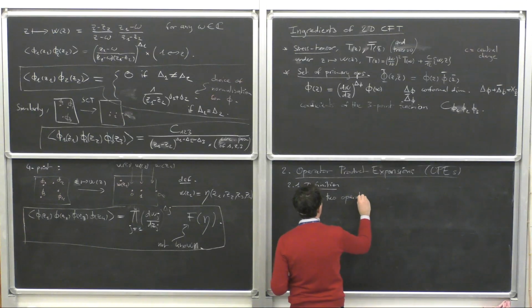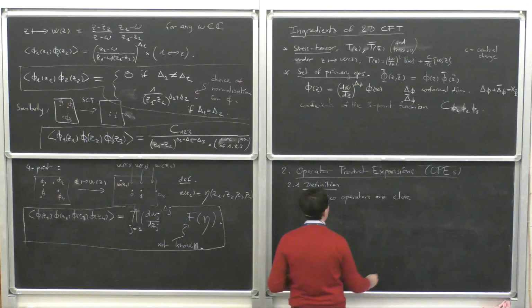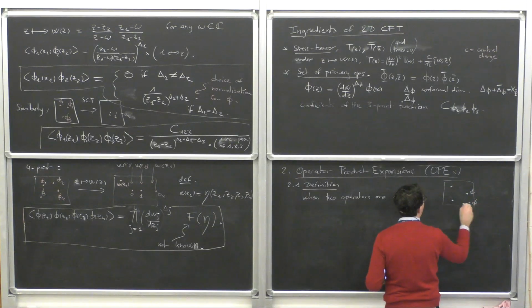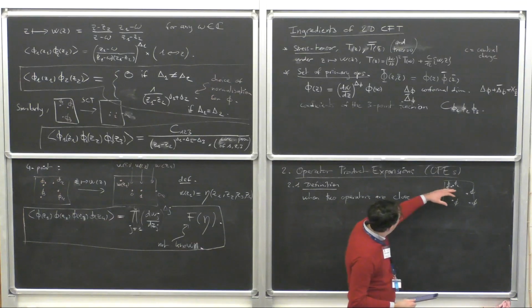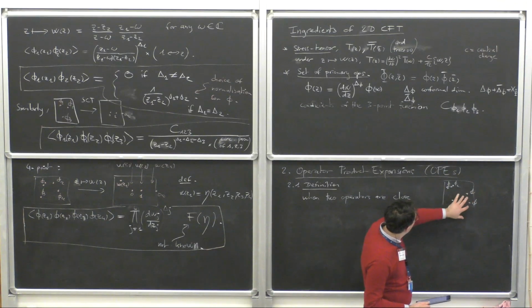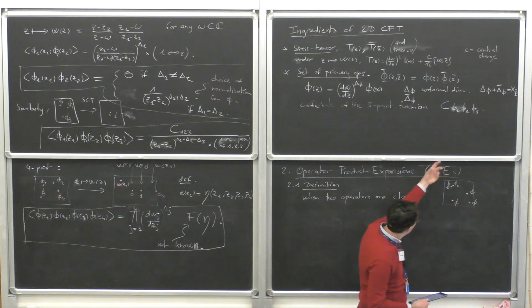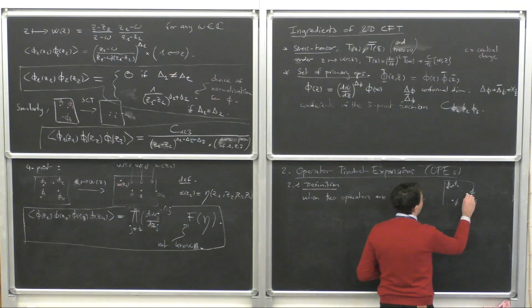So when two operators are close in space, that means if you're looking at the correlation function, say, of some operators here, phi, and then you have two operators, let's say phi 1, phi 2, that come really close to each other here, then viewed from the point of view of these operators here, these two should behave as one single operator, just because they are very close. So from far away, you cannot really distinguish them.